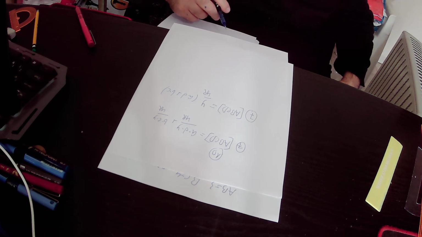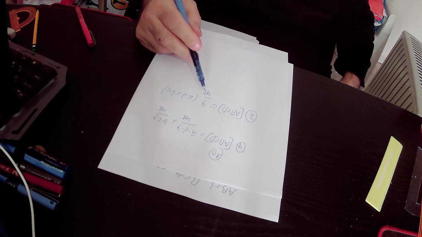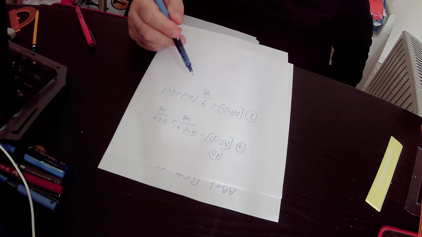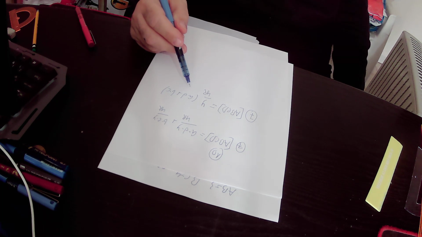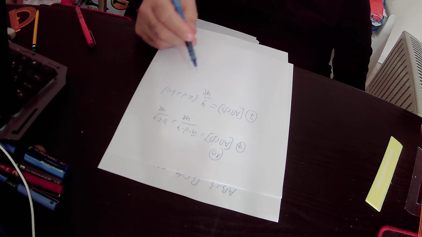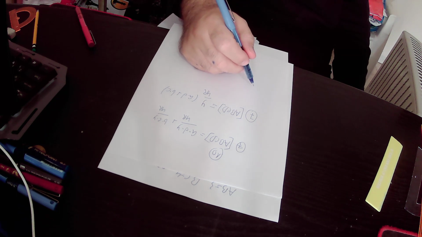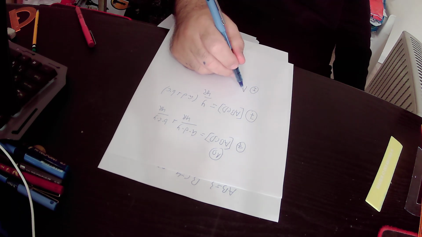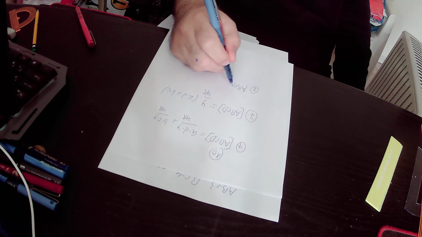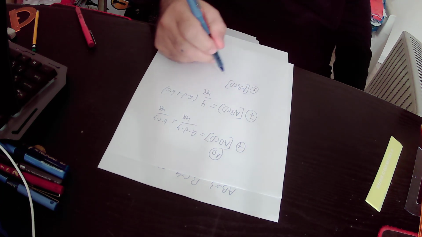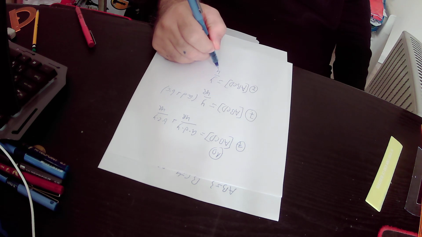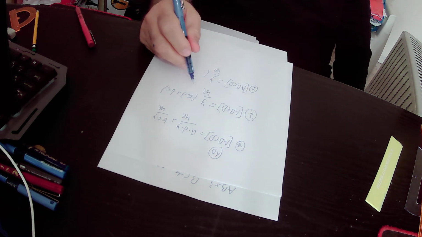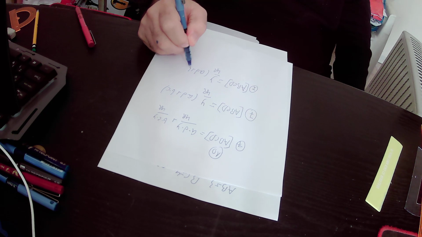Okay, we found out that the area of quadrilateral ABCD equals y over 4r times AD plus BC. So we will define it as equation number 1, that the area of quadrilateral ABCD equals y over 4r, and in the brackets we have a times d plus b times c.